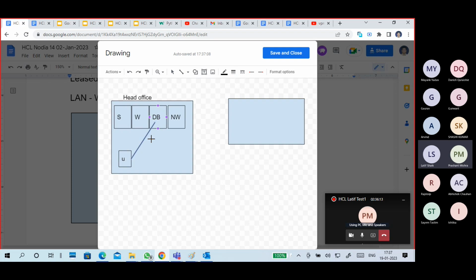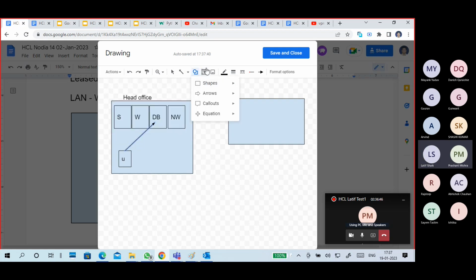So I will connect directly from here to here within the LAN. I don't require any internet. This is a complete intranet. I don't require any different protocol, and routers are not required. With simple switch communication I can connect. This is the first point.